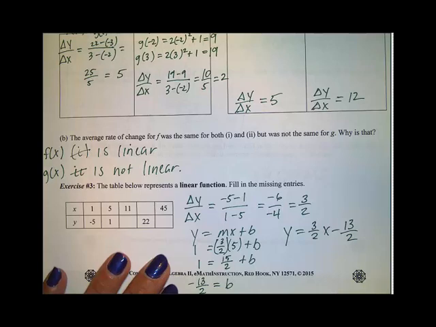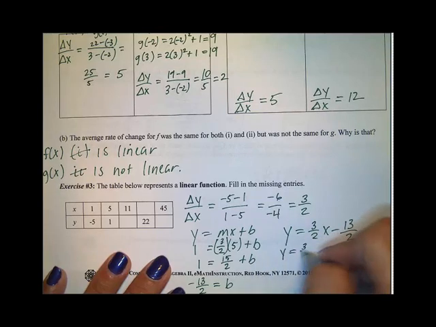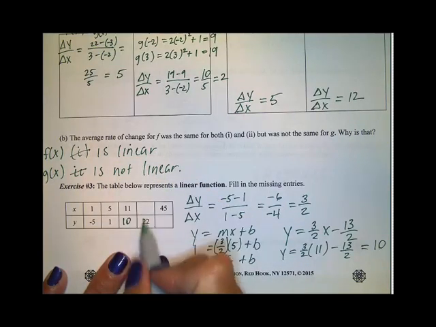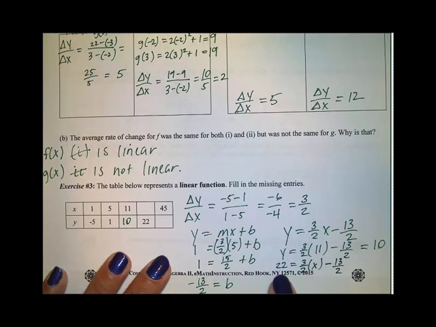Now I can use this x value, put it in here, it'll find the y value. So y equals 3 over 2 times 11 minus 13/2. And I get y to be 10. For the next one, I need the x value, so I put 22 in for y, 3/2 x minus 13/2. I'm going to add 13/2 over and then divide or multiply by 2/3.